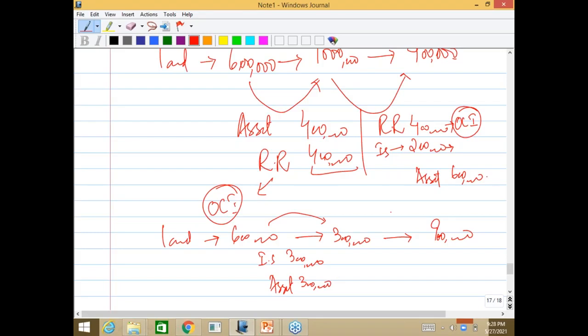Subsequently, there is a gain of 6 lakh. So you need to debit the asset account by 6 lakh and first reverse the income statement loss that was previously recognized. That's 3 lakh, and the excess gain will go in the revaluation reserve account. This will also be reported in OCI.